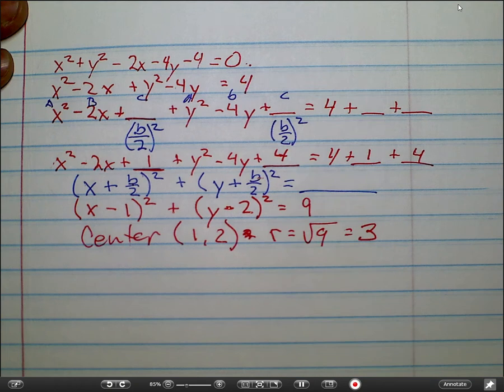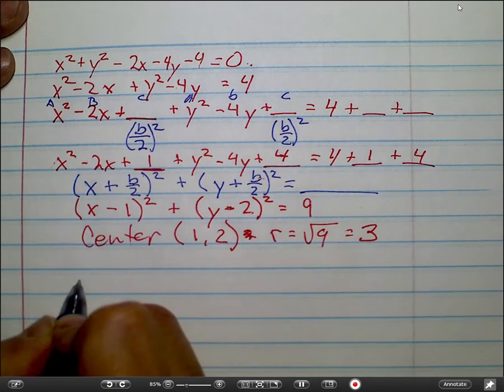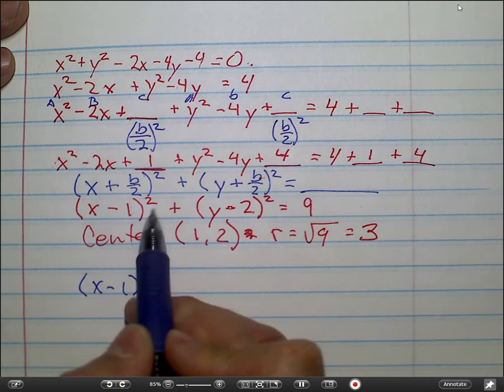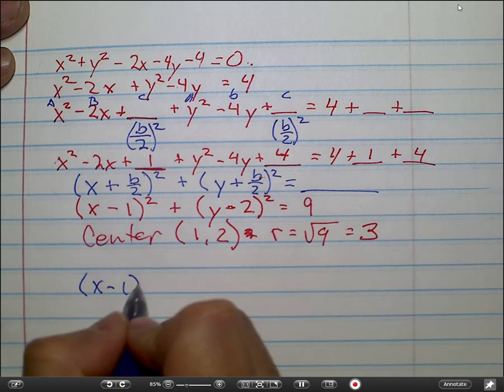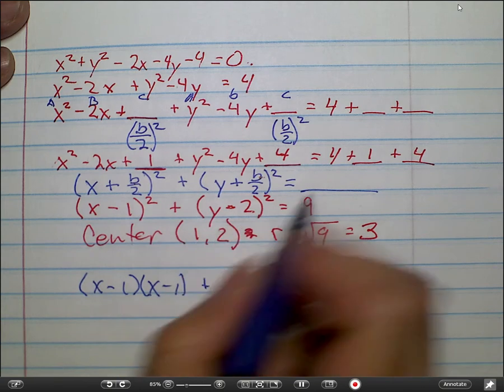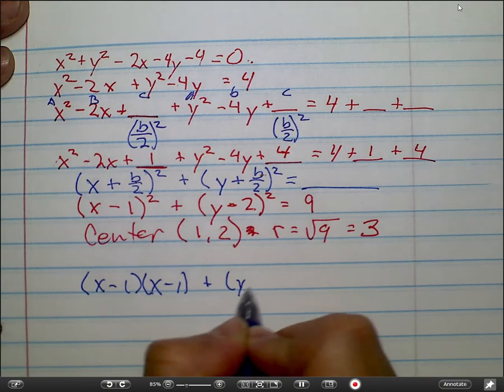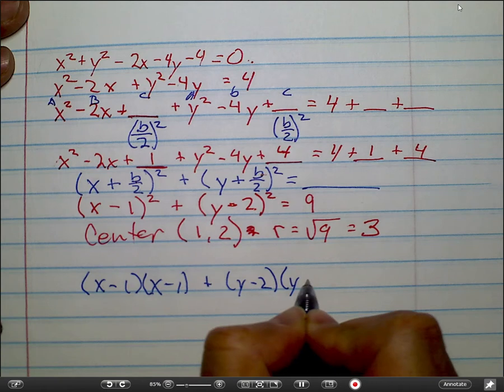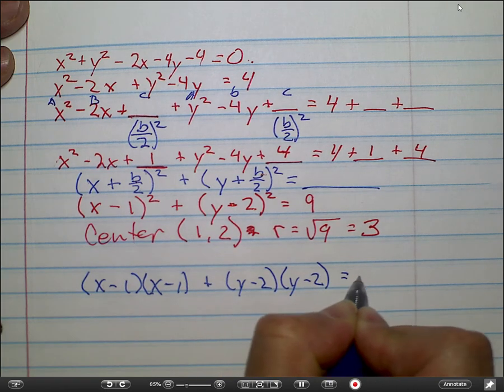So I'm going to do the math. For this one, it's going to be x minus 1, right? Now, isn't squaring it just saying it's going to be x minus 1 again? Plus, same thing, y minus 2 times y minus 2 equals 9.